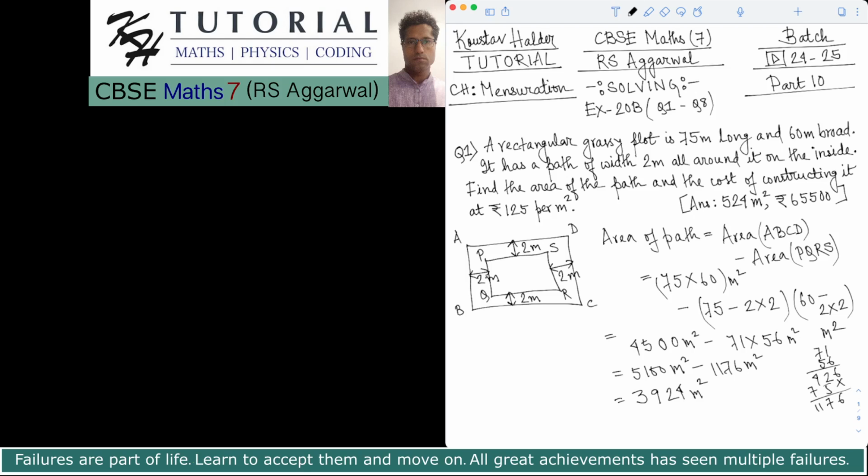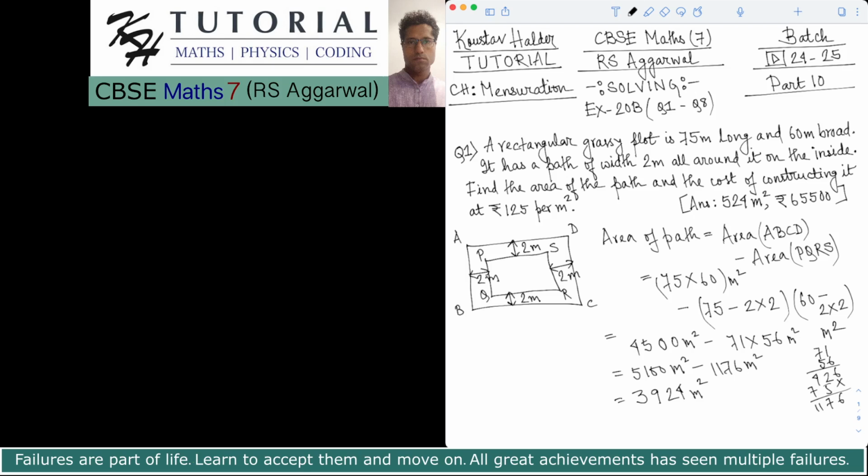So 71 multiplied by the breadth, that is the width of the rectangle PQRS, which is 60 minus 2 into 2, so 60 minus 4 is 56. But still 4500 minus 1176 will never be 524 meters square.